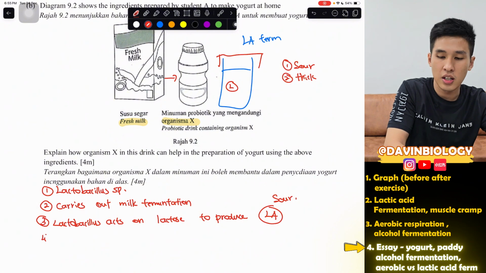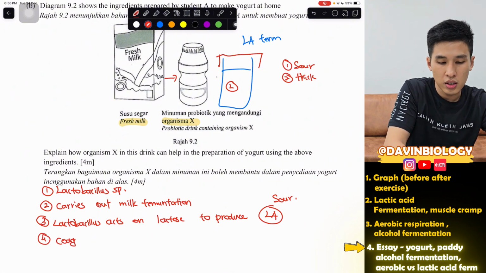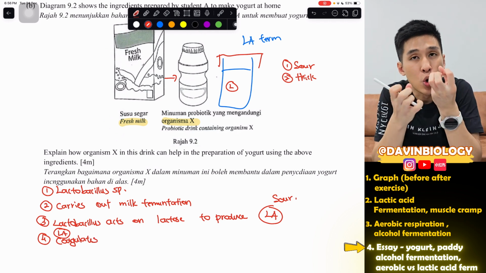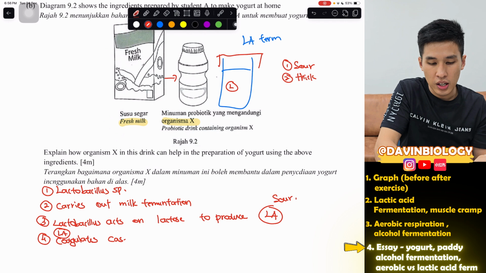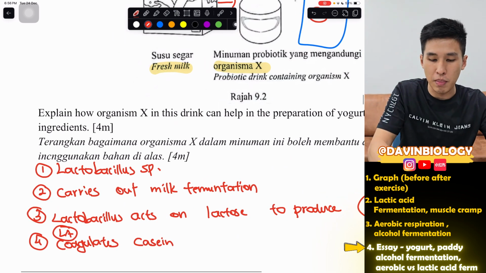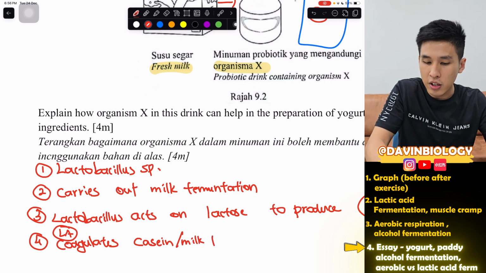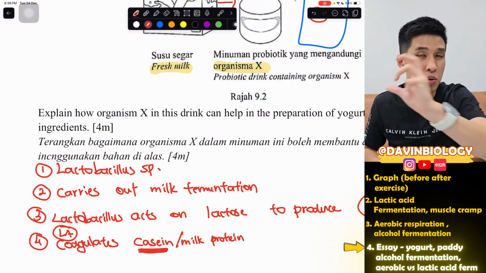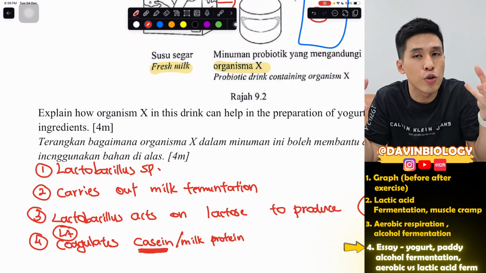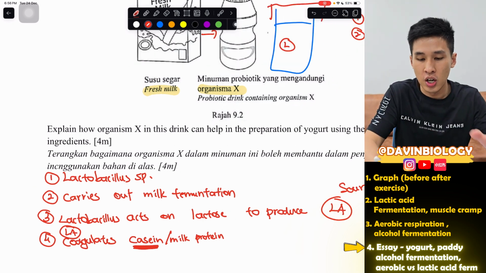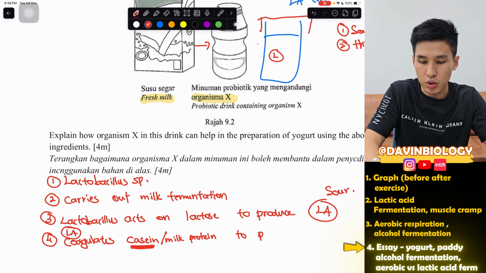Because lactic acid coagulates the milk protein, which we call casein. Better to write casein, but for this state paper, the marking scheme, they write milk protein, but better to write casein instead of milk protein because I'm not sure whether SPM writes milk protein in their scheme, so better to say casein. So it coagulates, so it becomes a creamy texture. But you have to explain a lot to produce yogurt.